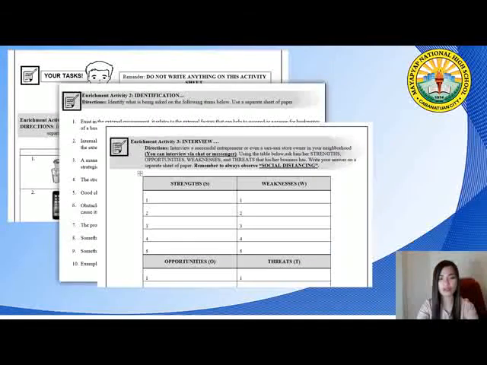And for your activity number 3, you will interview a successful entrepreneur or even a sari-sari store owner in your neighborhood. Using the table below, ask him or her about the strengths, opportunities, weaknesses, and threats that his or her business has. Remember to always observe social distancing.